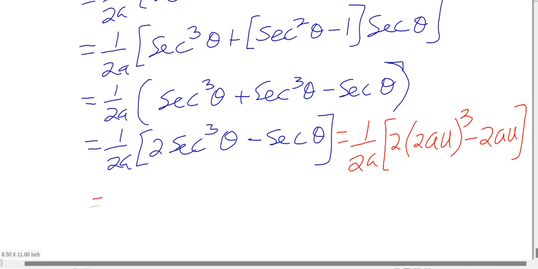And this will give us 1 over... See that now we have 2 here in the first term and 2 in the second term. We can factor out that. And when we factor out, it will cancel with the other 2. So we get 1 over a. Then we get 8 u cubed.